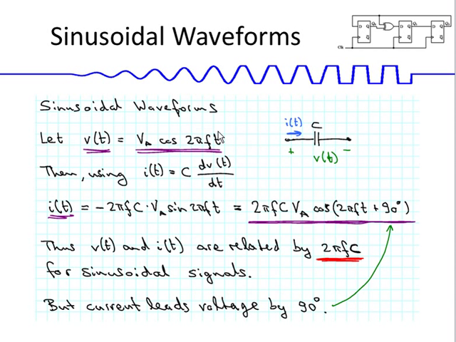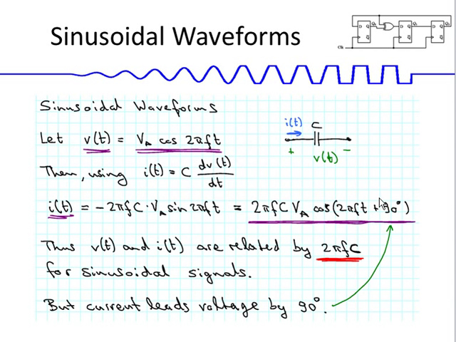The derivative gives us 2 pi f from here, so that goes in here. The derivative of a cosine is minus sine, so we get the minus sign here, the sine 2 pi ft. The VA stays, and the C comes from the IV characteristic of the capacitor. If we rewrite this in terms of cosine, then we can write this as 2 pi fC times VA, so that's the same thing as here, and then cosine of 2 pi ft plus 90 degrees.